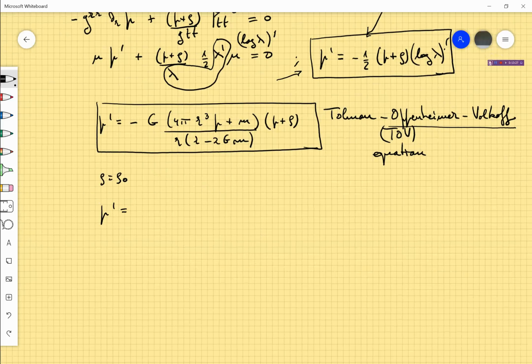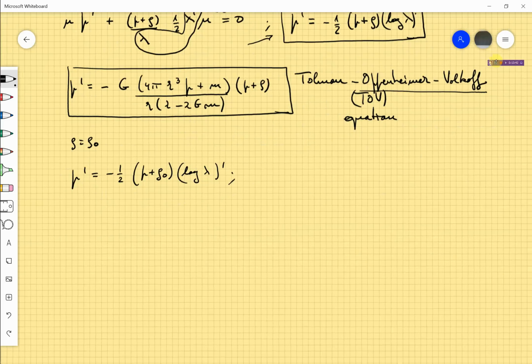The equation for p prime takes the form minus a half (p + ρ₀) log λ prime. You see that we have p + ρ₀ here, but here only p prime, but we can add ρ₀ because it is constant.